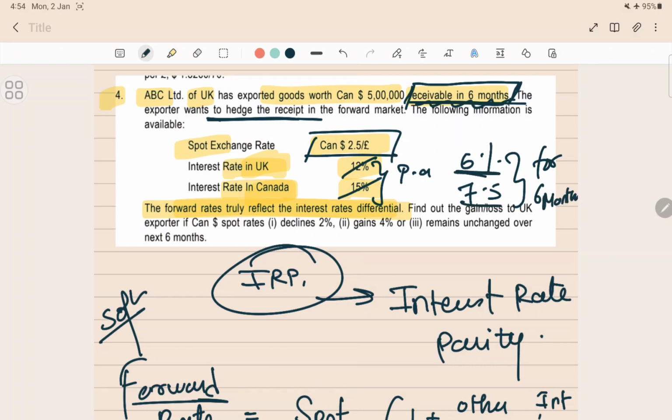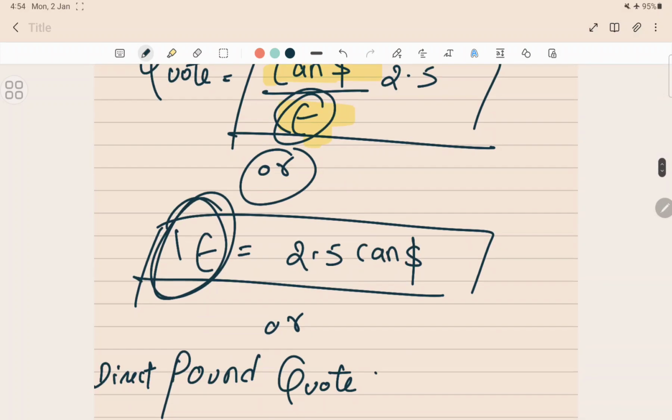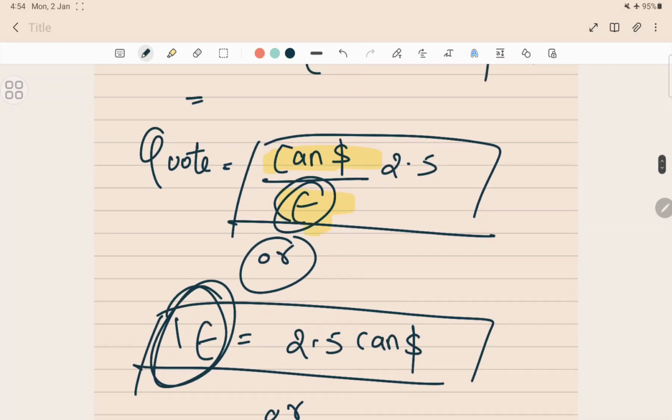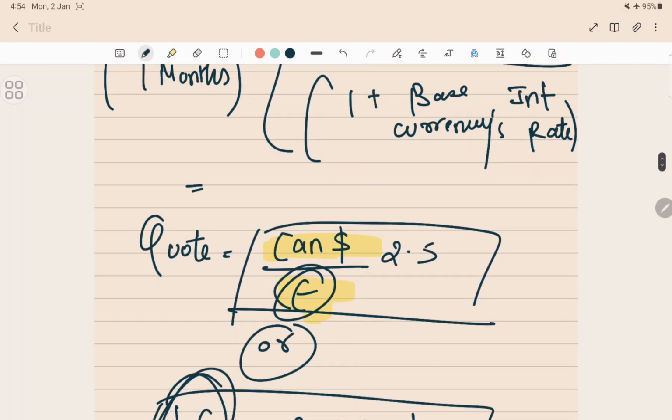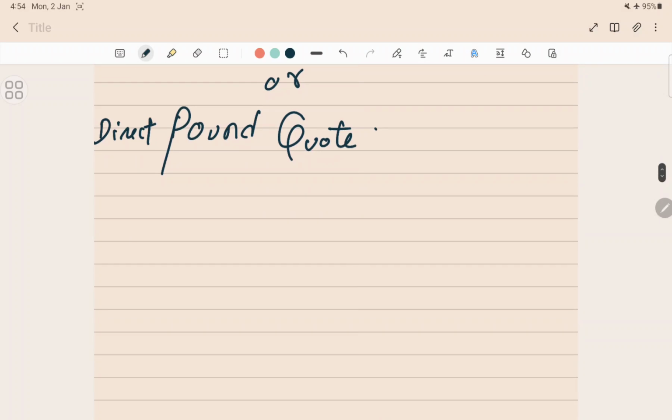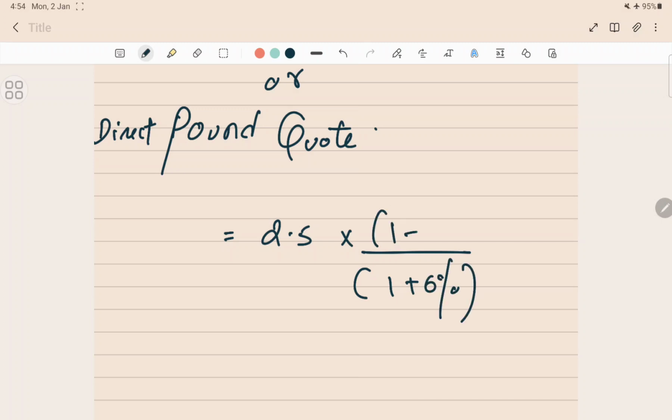Okay, now, we've already determined UK is the base currency, so 6% will go in the denominator as per this formula that we've established for IRP for getting the forward rate. So forward rate is equal to spot 2.5 into 1 plus 7.5% up here, and 1 plus 6% in the denominator.